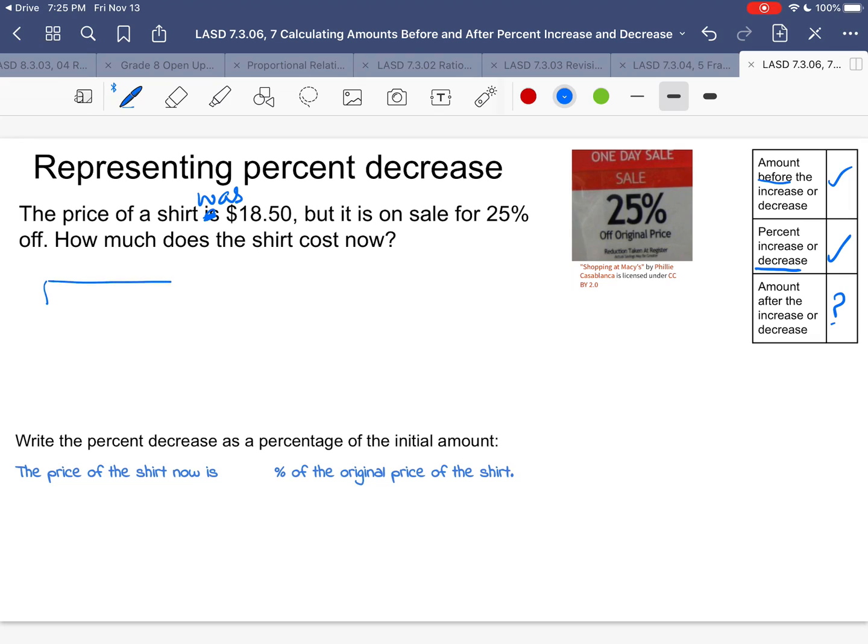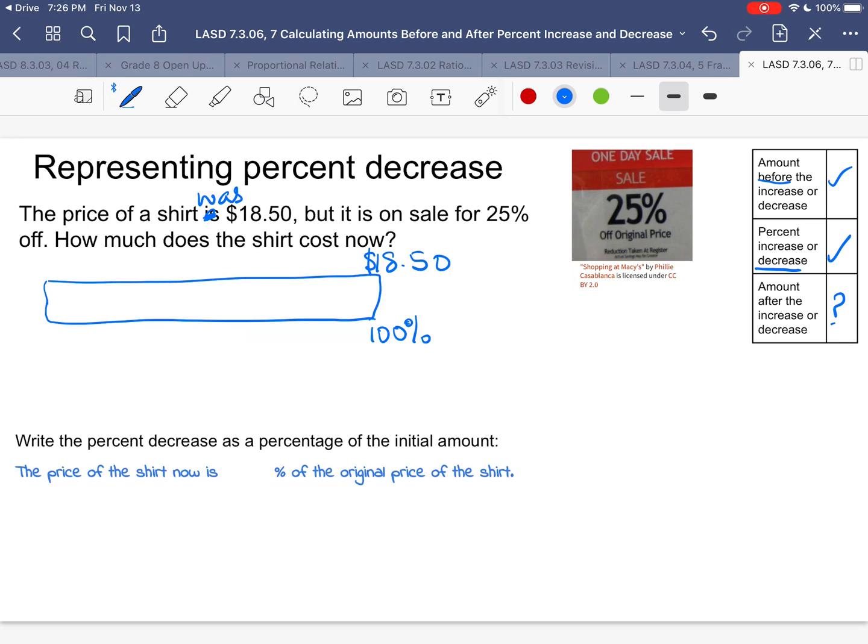So again, I'm going to draw a tape diagram. And this is 100%, the full amount. And it costs $18.50. And it's on sale for 25% off. So I need to mark off 25% in this.